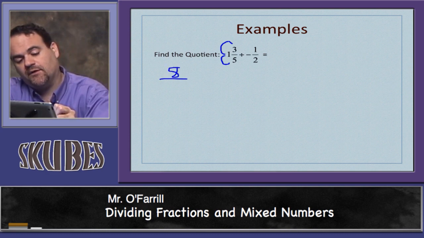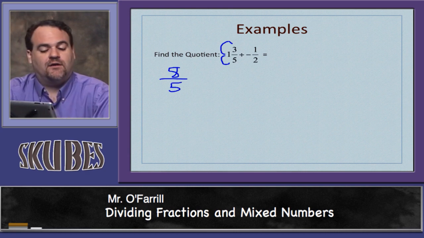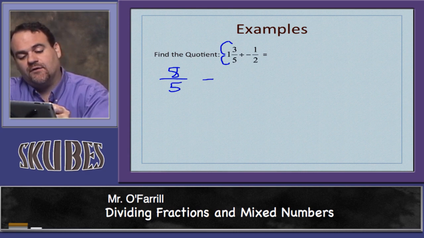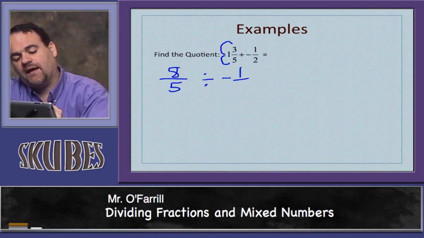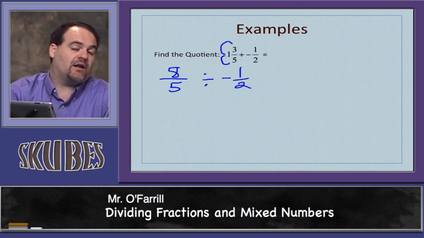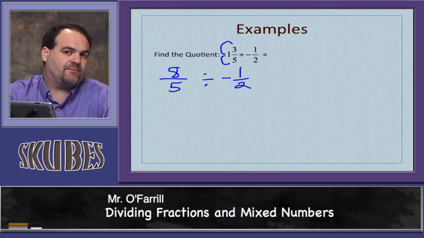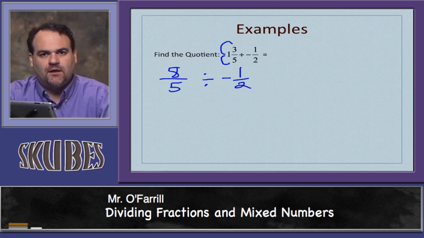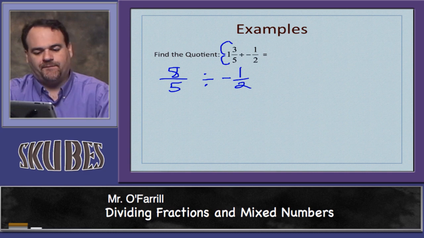We're dealing really with the improper fraction of 8/5, which is being divided by negative 1/2. And I realize we could have gone ahead and done our keep, change, flip, or multiply by the reciprocal already, but I just didn't want to skip that step for you.